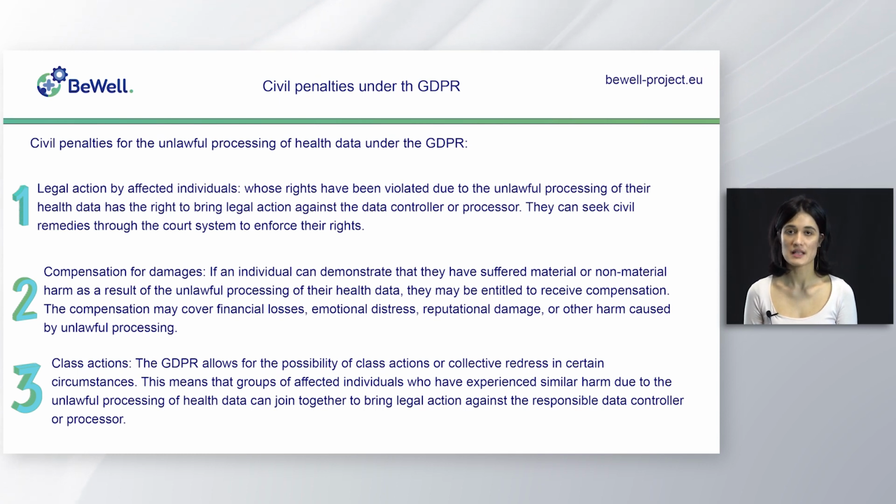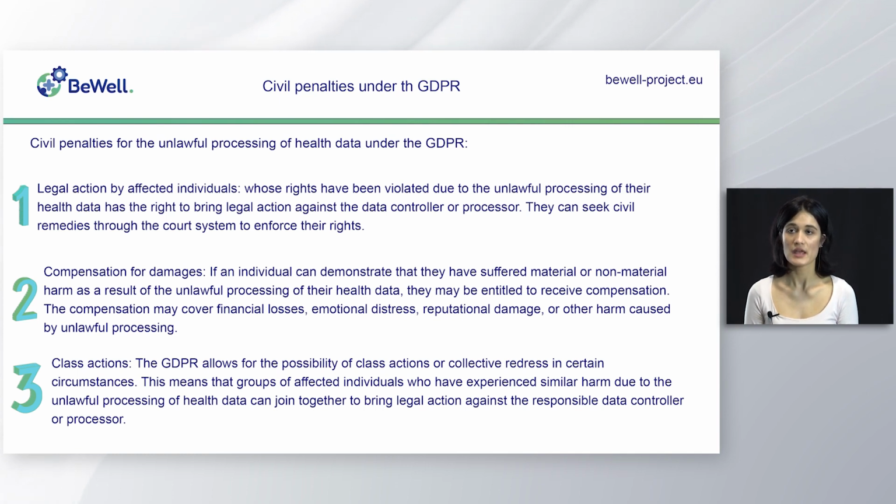2. Compensation for damages. If an individual can demonstrate that they have suffered material or non-material harm due to the unlawful processing of their health data, they may be entitled to compensation. The compensation may cover financial losses, emotional distress, reputational damage, or other harm caused by unlawful processing. 3.